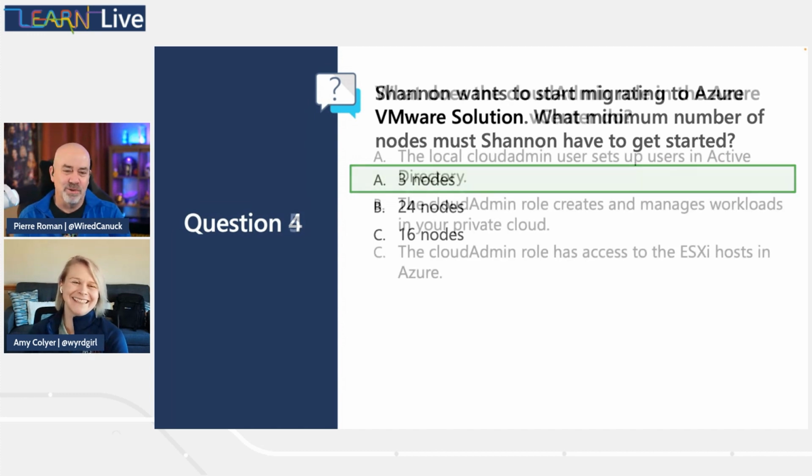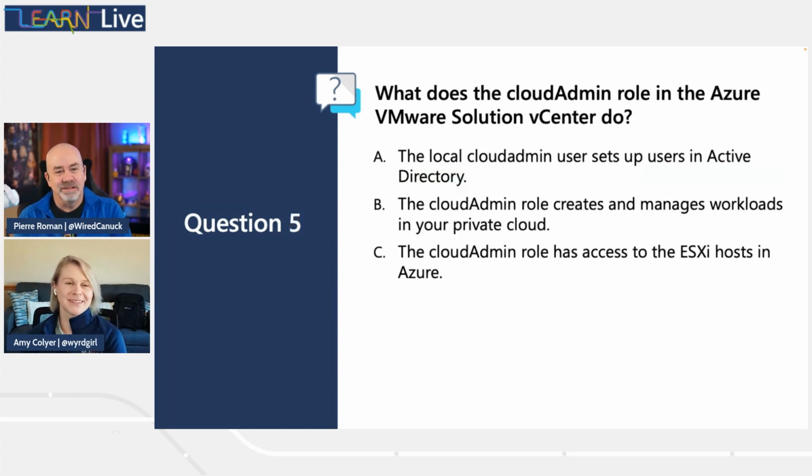Ooh, the tricky question, capital A admin. So what does the cloud admin role, the one on vCenter and the Azure VMware Solution vCenter, do? We talked about the local cloud admin user setting up the link in Active Directory. The cloud admin role creates and manages workloads in your private cloud. No, that's the role in vCenter. And C, the cloud admin role has access to the ESXi host in Azure.